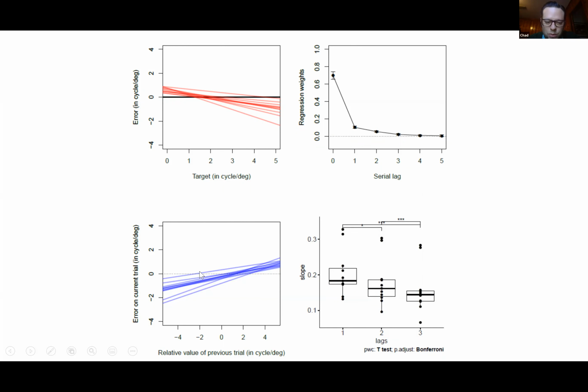And it predicts that the slope of those blue lines will go down as you conditionalize on trials further and further back. So we've basically managed to give a unifying explanation of both implicit central tendency bias and sequential dependencies in this literature, which were previously discussed completely separately. And I've never seen any paper try to relate those two things together.